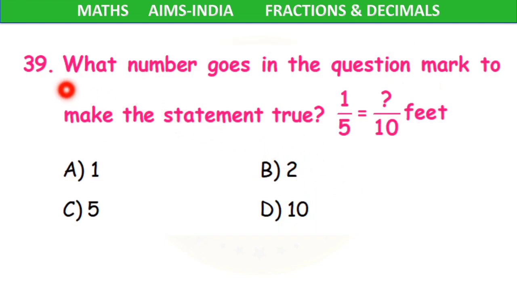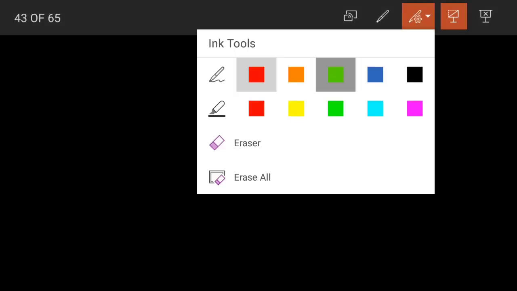Next question 39. What number goes in the question mark to make the statement true? 1 by 5 is equal to dash by 10. 1 by 5 is equal to, we do not know the numerator, but we know that the denominator is 10.